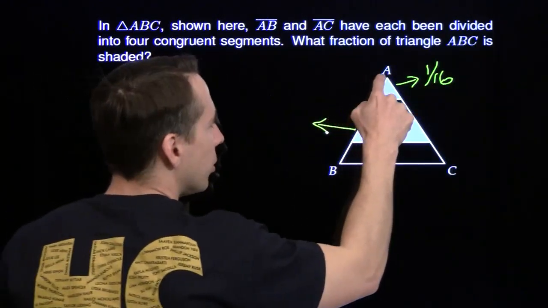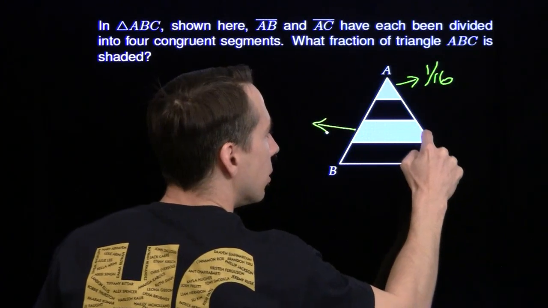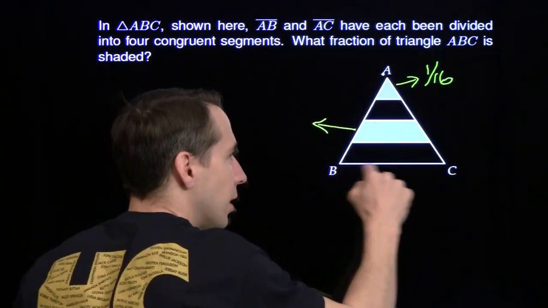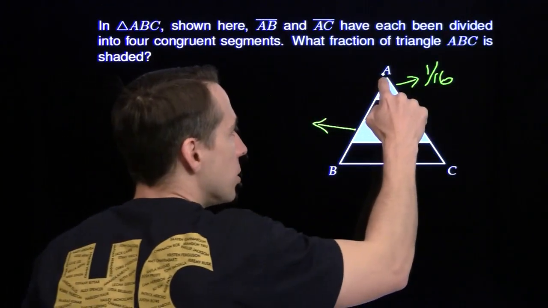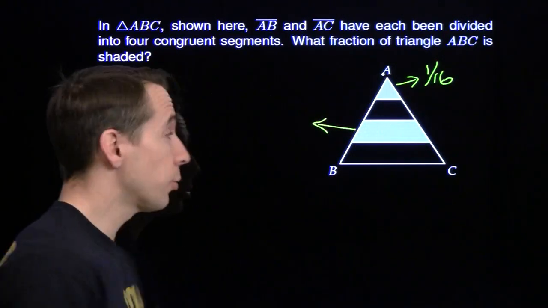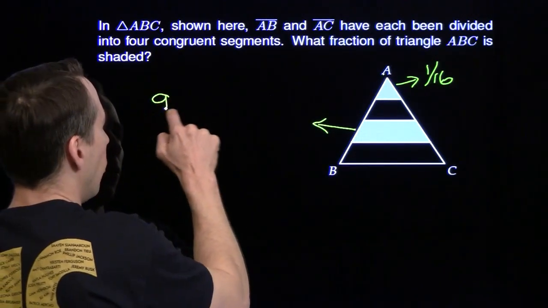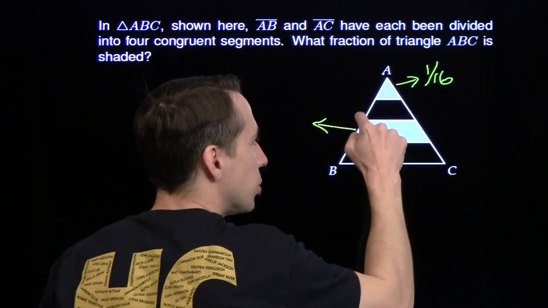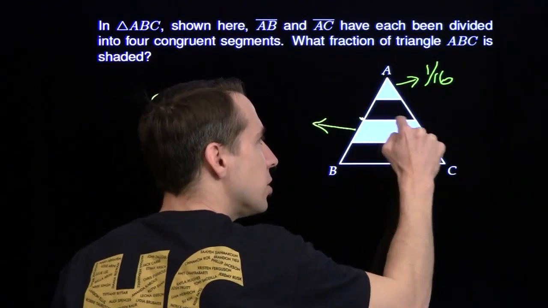So let's start off by looking at this triangle right here, and its side lengths are 3/4 the side lengths of the big triangle. So its area is the square of 3/4, which is 9/16 of the whole thing. And then to get this region down here, we subtract off the area of this triangle.